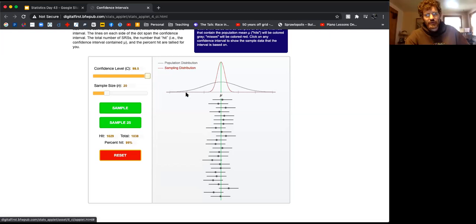Our confidence interval got wider. It's really obvious if I do it like this, you can see the changes happening. So a lower confidence level means a smaller confidence interval. A higher confidence level means a wider confidence interval. So those are directly related. As one goes up, the other goes up.